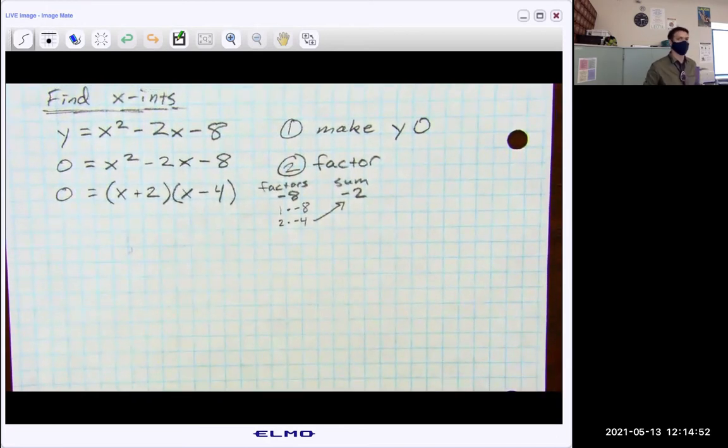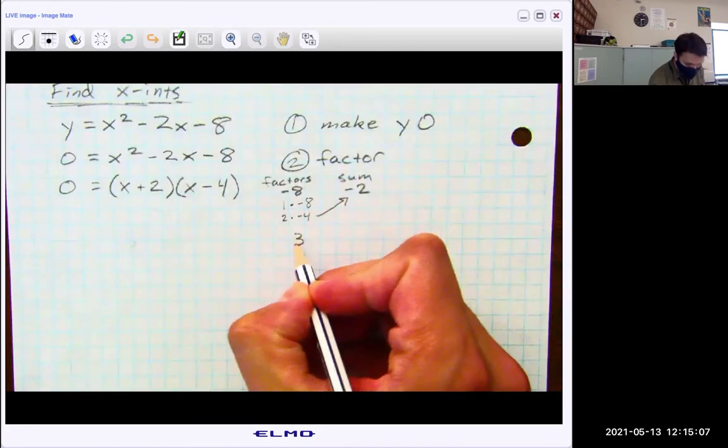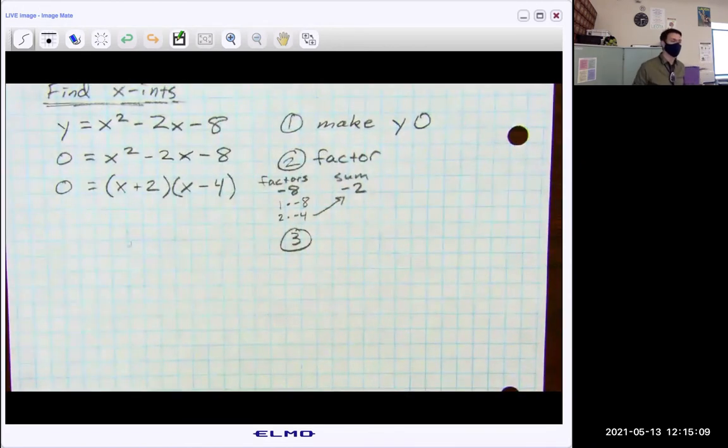Okay, so what we did is we just kind of broke it apart. That's the most important step right there. Hopefully that makes sense to you. Actually, this third step we're going to do is also a very important one. I'd say step 2 and step 3 are probably the most important. Think about what this means.